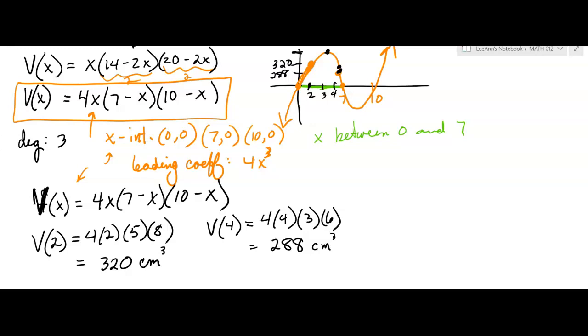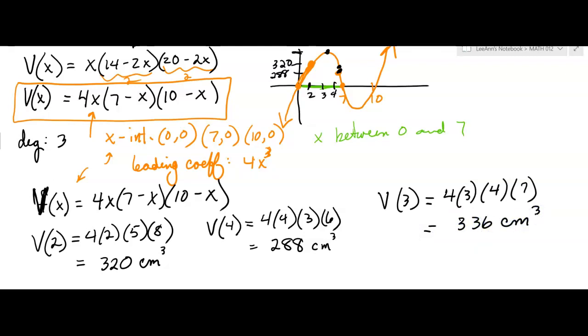Now maybe I want to pick 3. The volume at 3 would be 4 times 3 times 4 times 7. I think that turns out to be 336. You'll have to check my math, but I think that's it. So at 3, it was a little bit higher, at 336.